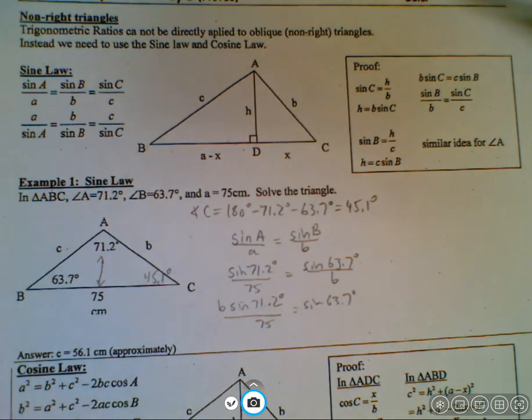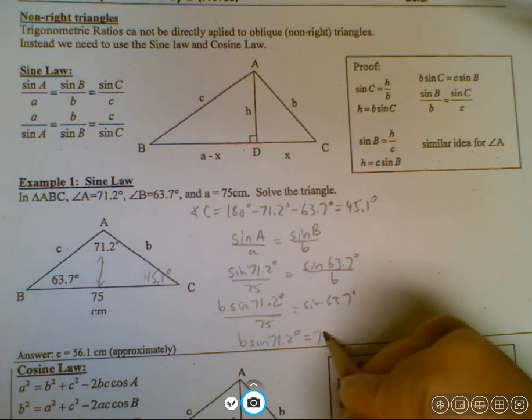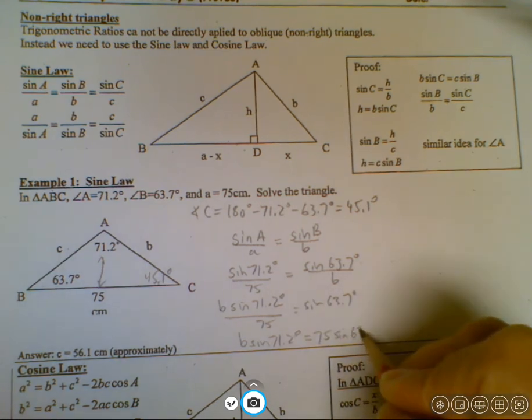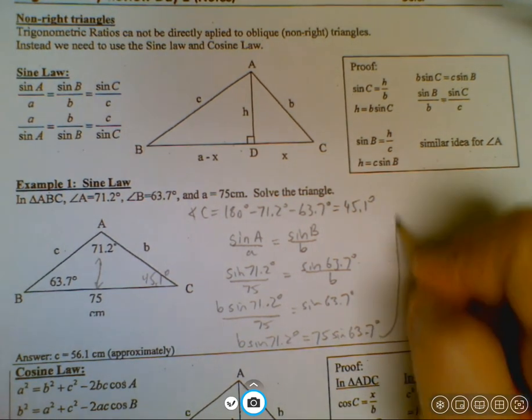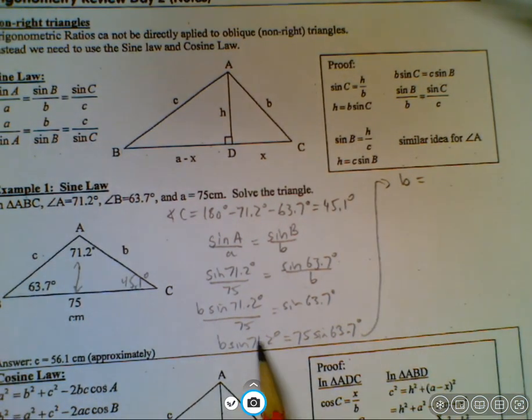And now to get the 75 out of there, multiply both sides by 75. So I have b sine 71.2 equals 75 times sine 63.7. And then to isolate the b, this is just a number. This is also just a number.